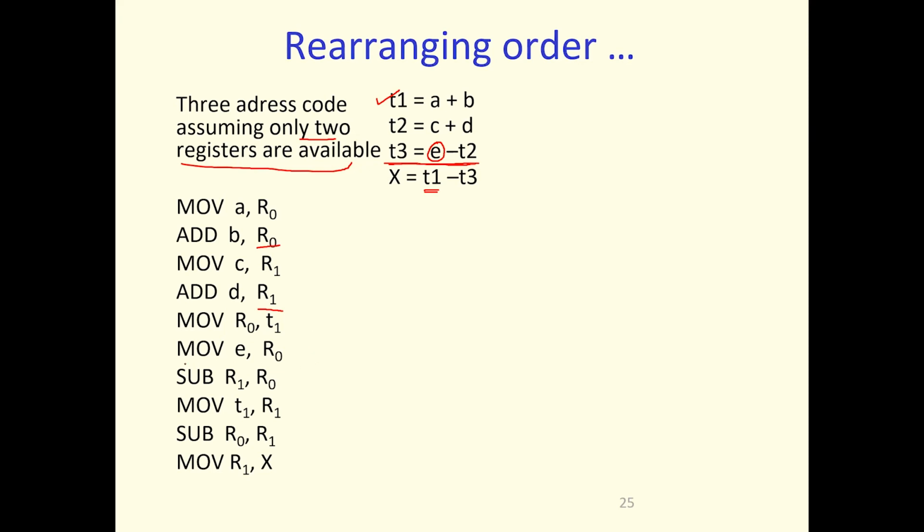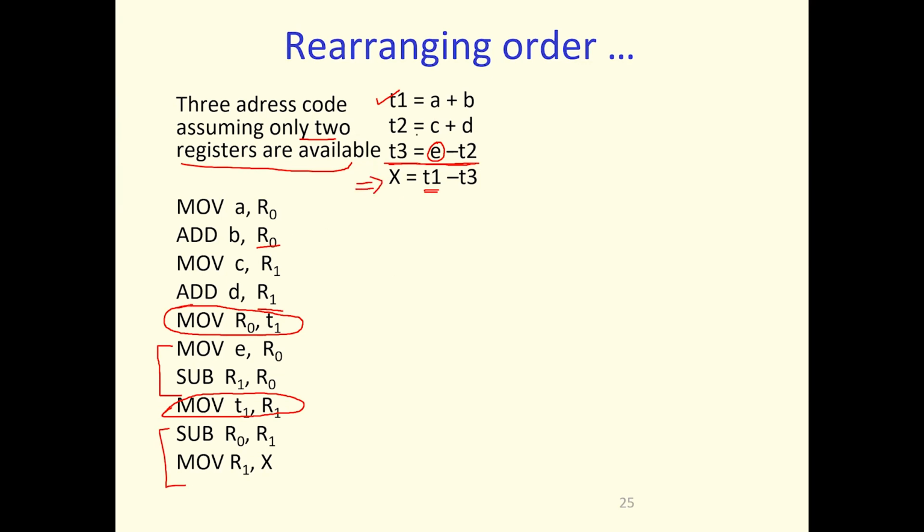Which means I have to move R0 into memory. I have to spill T1 into a memory location, compute T3, and then load T1 back. Only then can I perform the last operation.